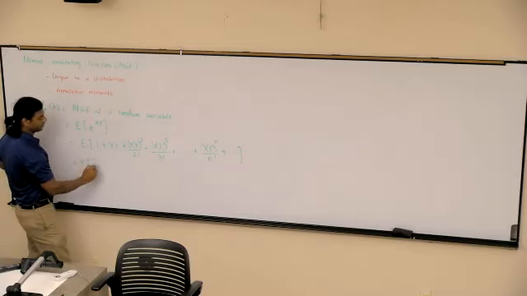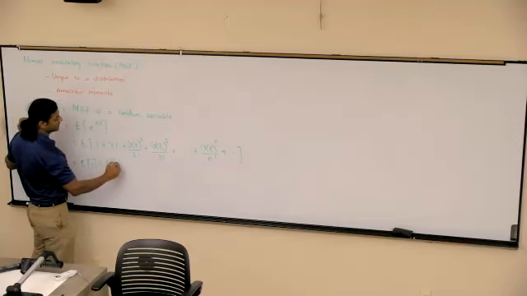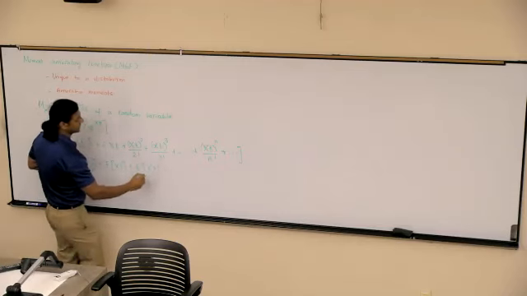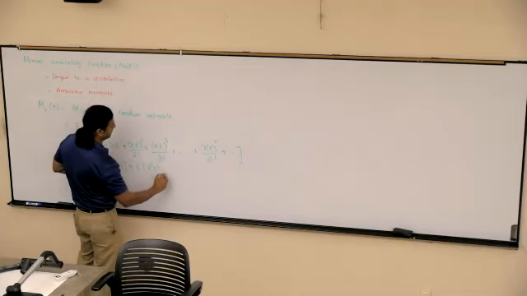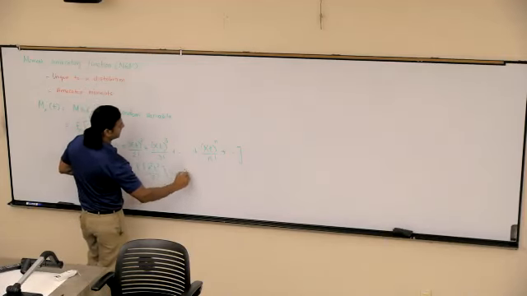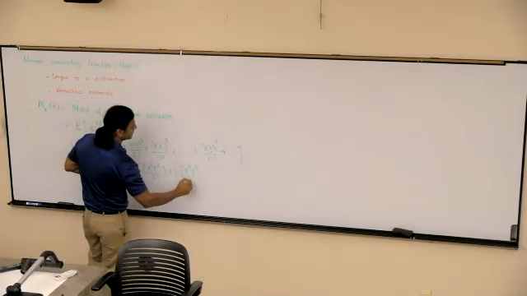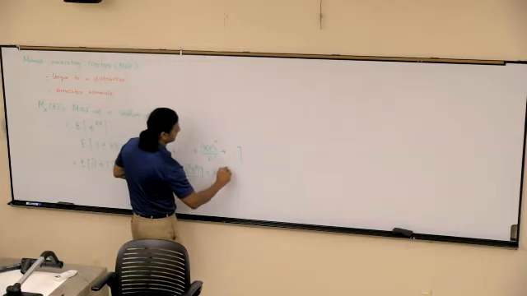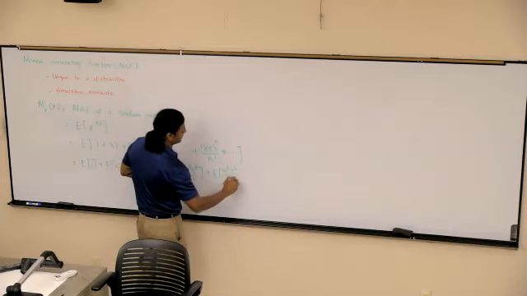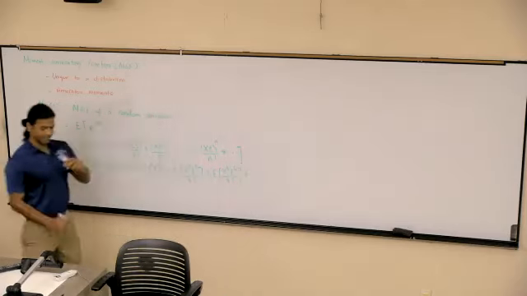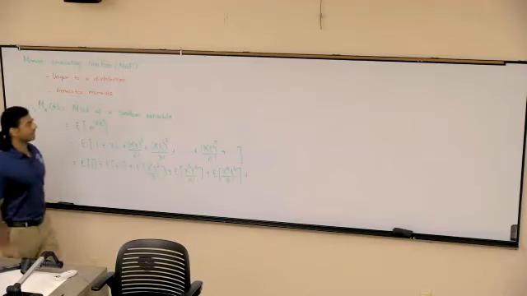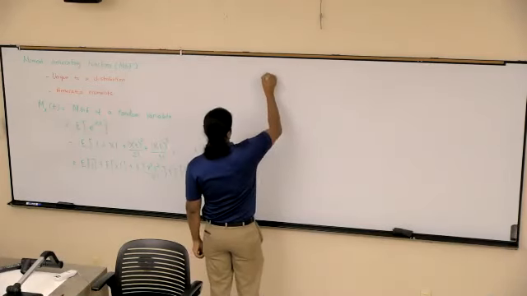So expectation of 1, expectation of X times t, expectation of X squared t squared divided by 2 factorial, X cubed t cubed divided by 3 factorial, and I'm going to stop with that because we don't need more than 4 moments. 4 is plenty.